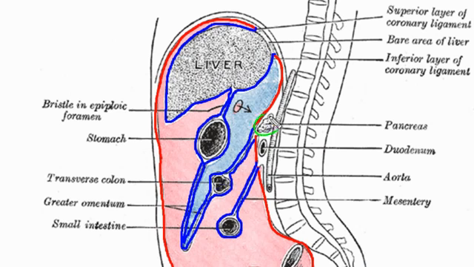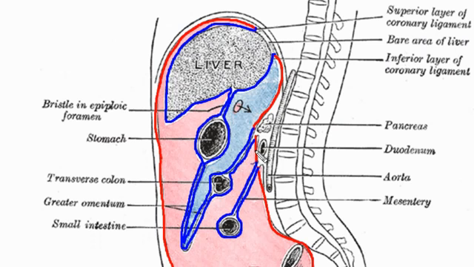You can see the pancreas here and the duodenum. These lie behind the peritoneum, so they've got only one surface covered by the parietal peritoneum. So they are called retroperitoneal organs. Intraperitoneal organs are completely or almost completely surrounded by visceral peritoneum, but the retroperitoneal organs only have a part of their surface covered by peritoneum.